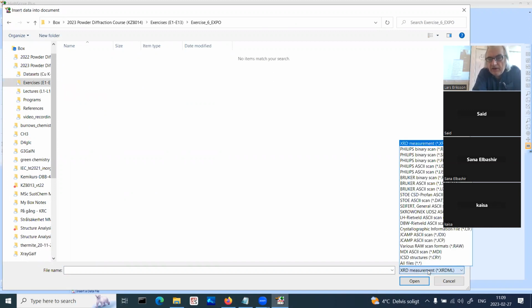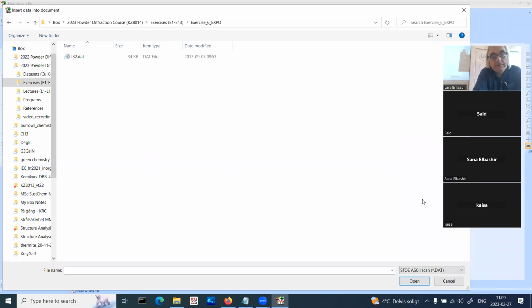It needs an XRDML standard, but see if we can find something. STOE, ASCII, scan, that. I don't know. It was on a STOE machine actually.